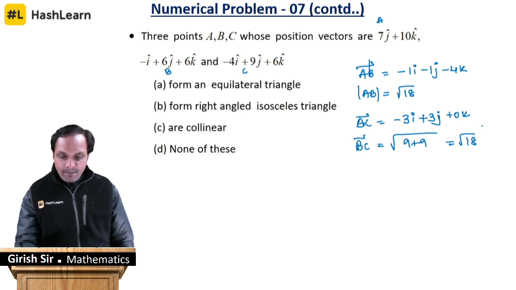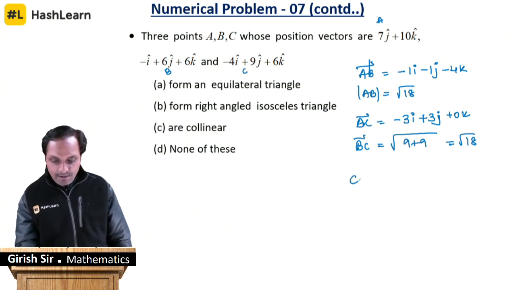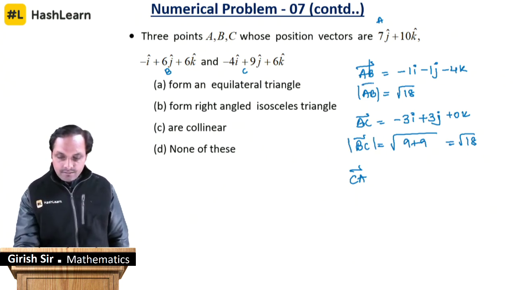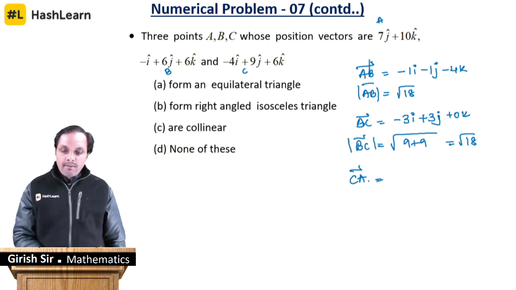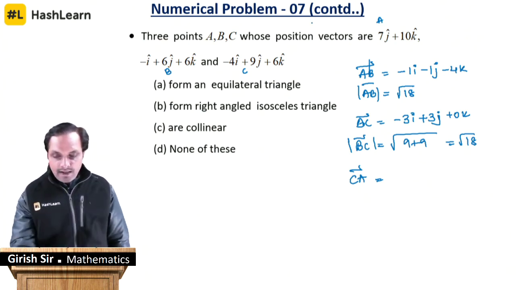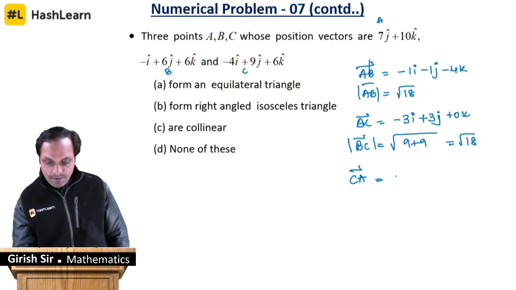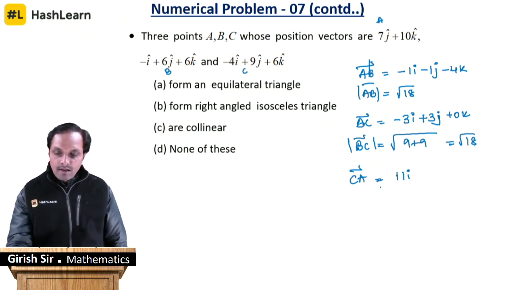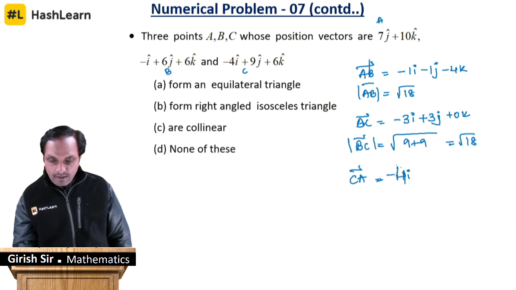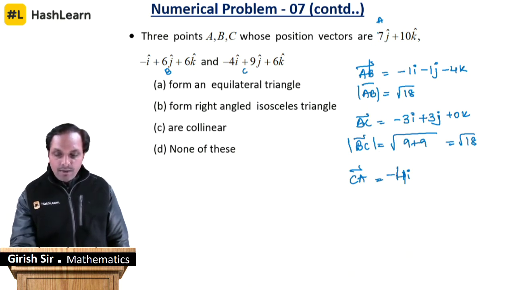And we shall find AB हो गया, BC हो गया, and we shall find what is your CA vector. Okay, this is your magnitude of BC. Okay, what will be CA vector? AB, BC and CA. A minus C लेना है. Sorry, that is minus 4 only, because I coefficient is 0.